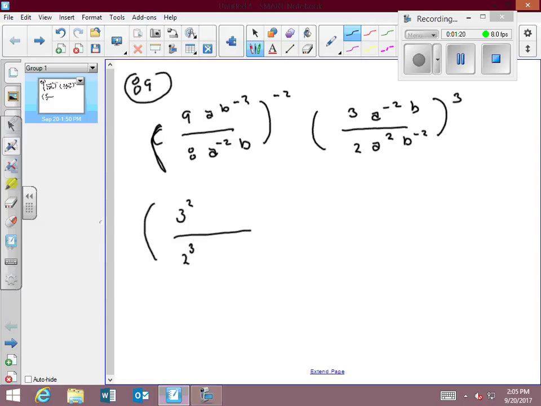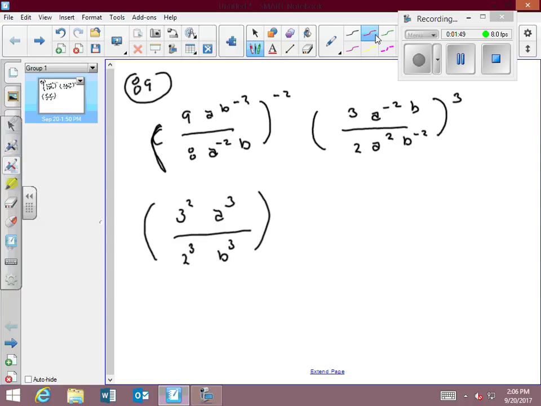There's an a first in the numerator, a minus 2 in the denominator. You take the minus 2 out, don't you? Yeah, it's negative. So it'd be a third in the numerator, correct? And then the b's, that b minus 2 in the numerator has to go down as a b plus, right? So this would be b third.